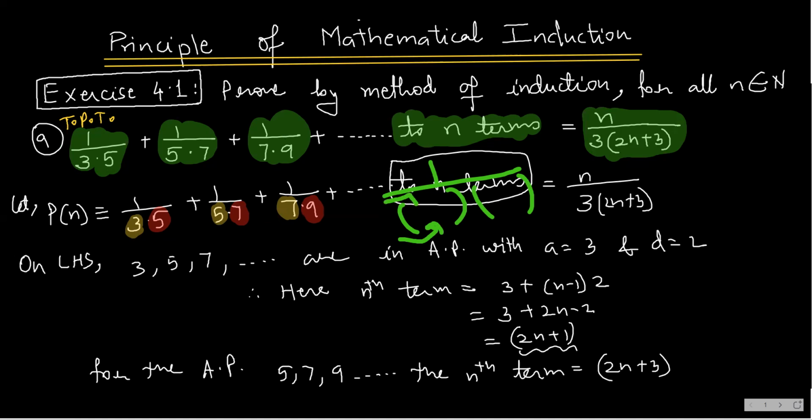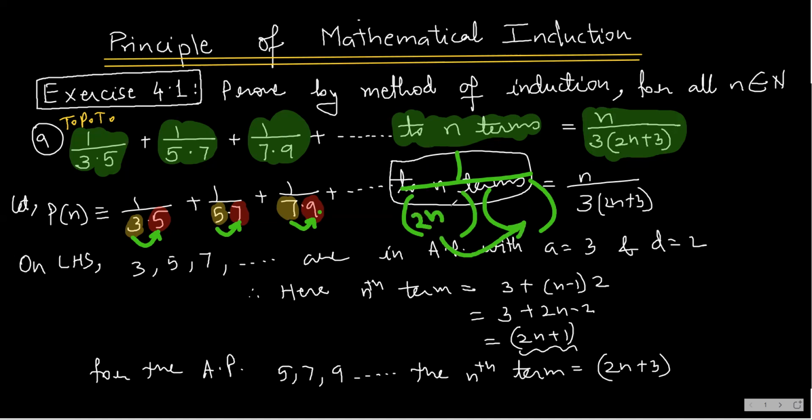And then I noticed that in every single term, the second factor is 2 more than the first factor. See, 5 is 3 plus 2. This is 5 plus 2. Now here 9 is 7 plus 2. So even in the last term, the second factor would be this plus 2.